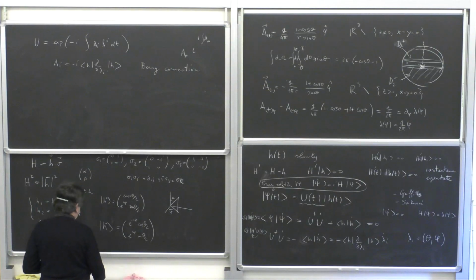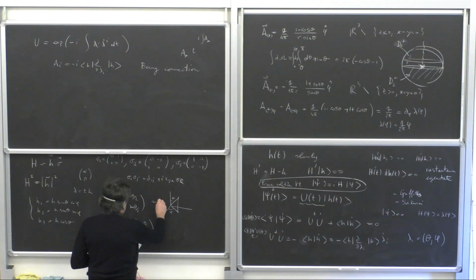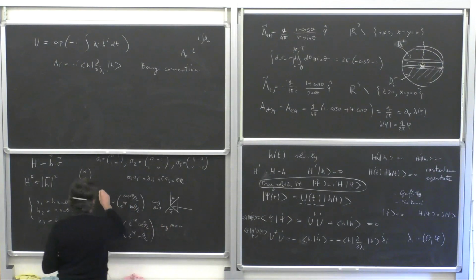Okay. So the one was singular at theta equal to pi, and this is singular at theta equal to 0. Okay.